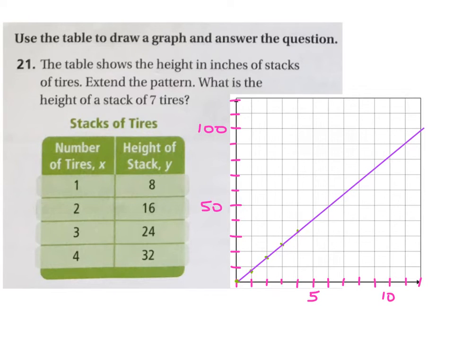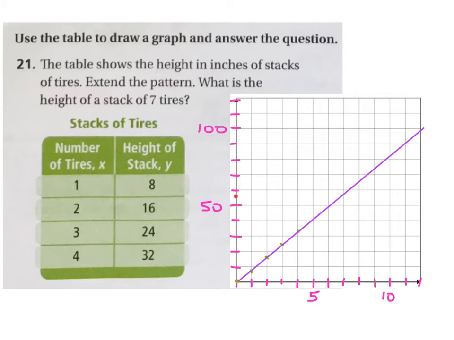Just kind of adjust to go through my points better. Okay, now 7 is here, and if I followed that straight across, that would be right about here. And what is that number right about there? It's a little more than halfway between 50 and 60. So halfway is 55, maybe a little bit more is 56 or 57.